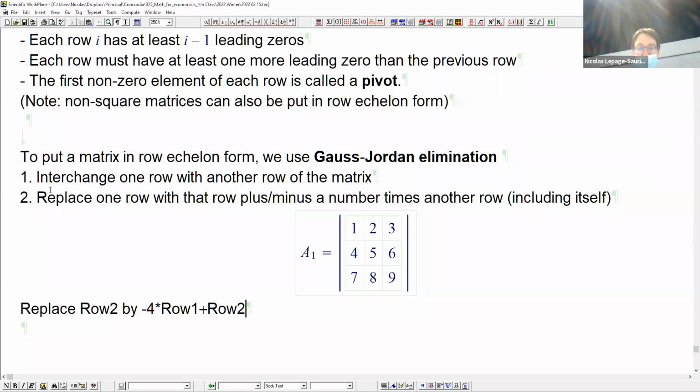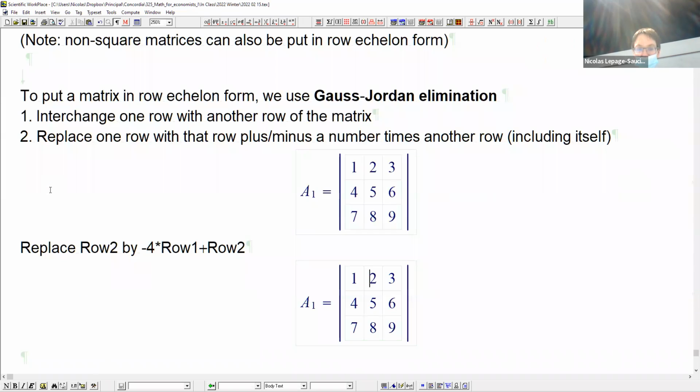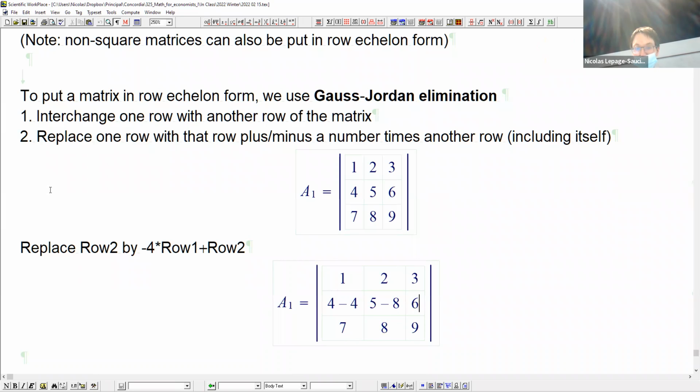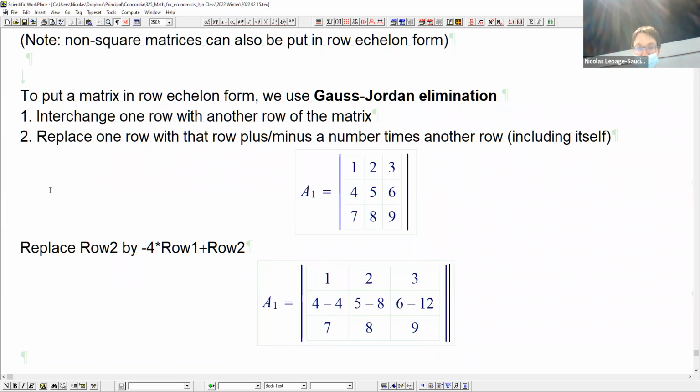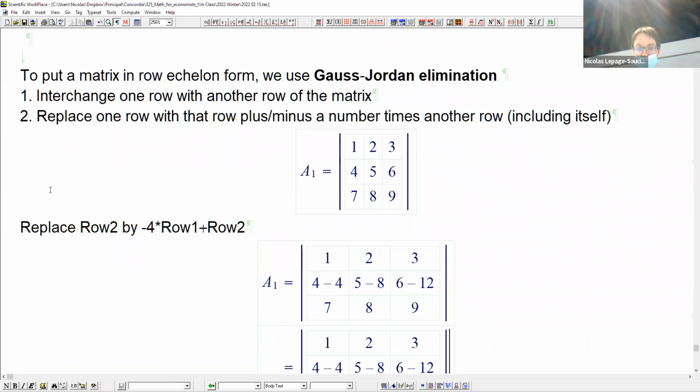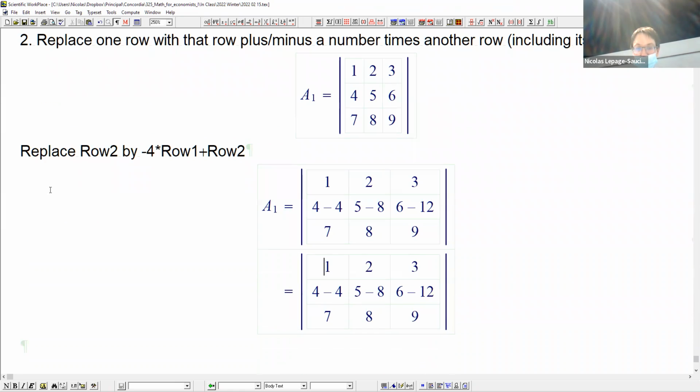So what do we get? So minus 4. And then this would be minus 8. And this would be minus 12. So here I get 0. Minus 3. Minus 6.